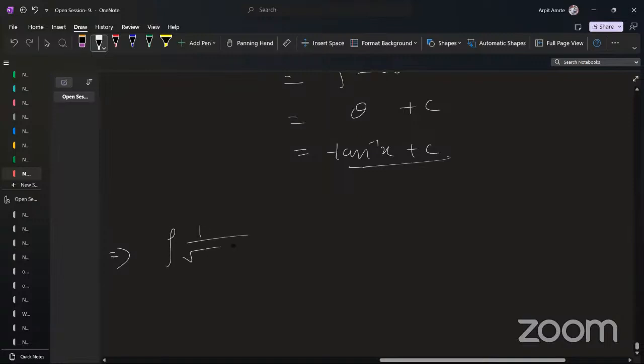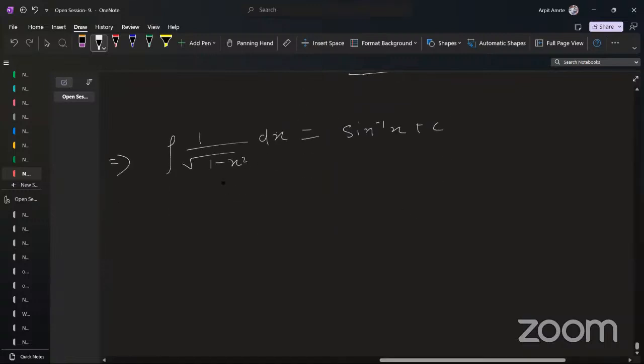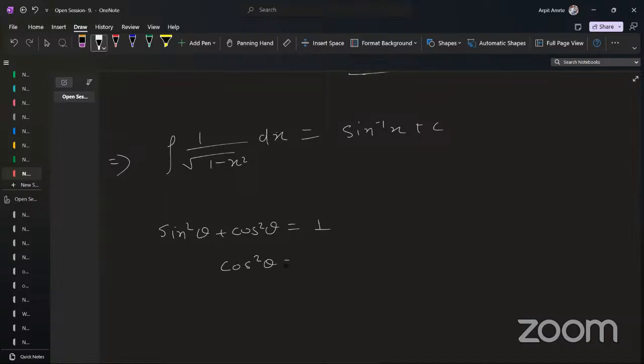This is also a formula: integral of 1 over root of 1 minus x square dx is equal to sine inverse x plus c. How will you solve this? Here you know that sine square theta plus cos square theta equals 1. So cos square theta is 1 minus sin square theta.